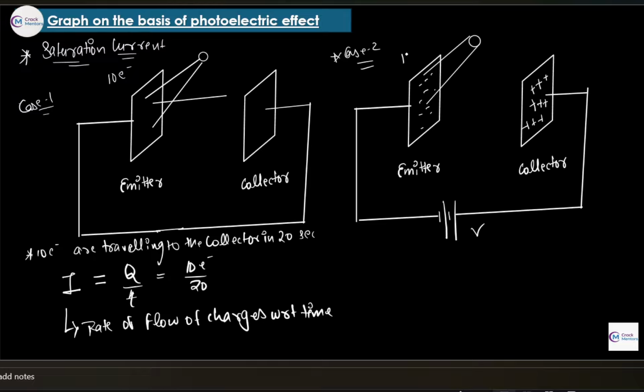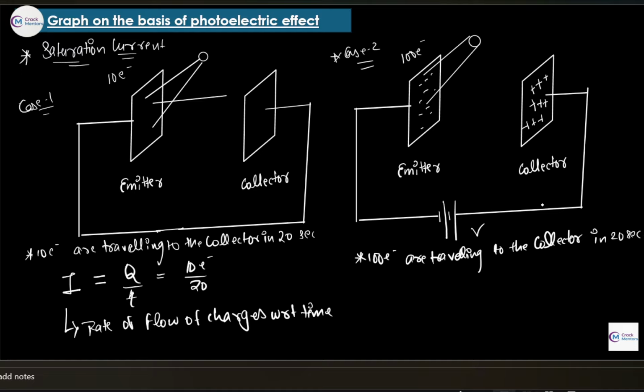I'm assuming that 100 electrons are coming out from the surface, and those 100 electrons travel to the collector in the same time, 20 seconds.